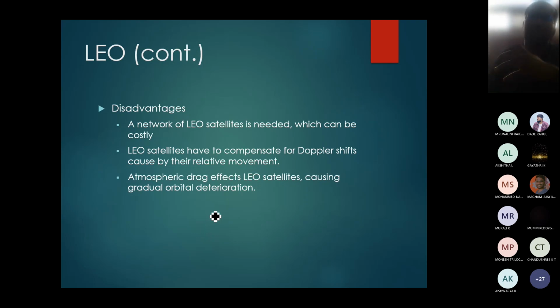Due to Doppler shift, there will be a frequency deviation. If a satellite is transmitting at some frequency, at the ground station the receiver will receive the same information at some different frequency. It happens due to Doppler shift.